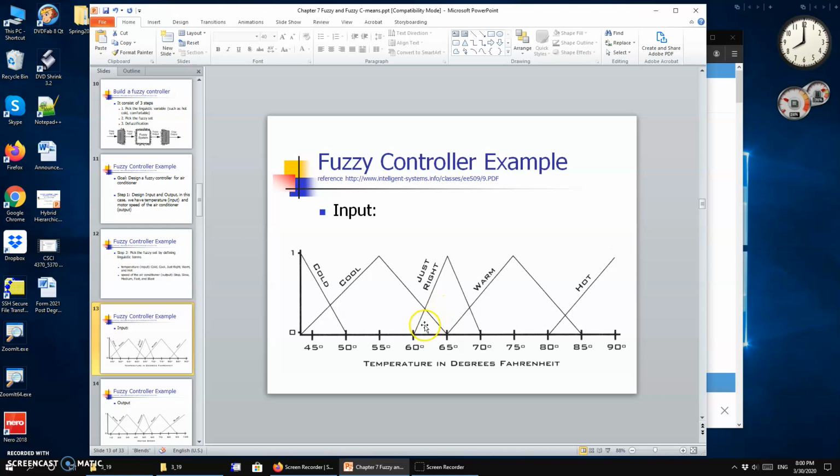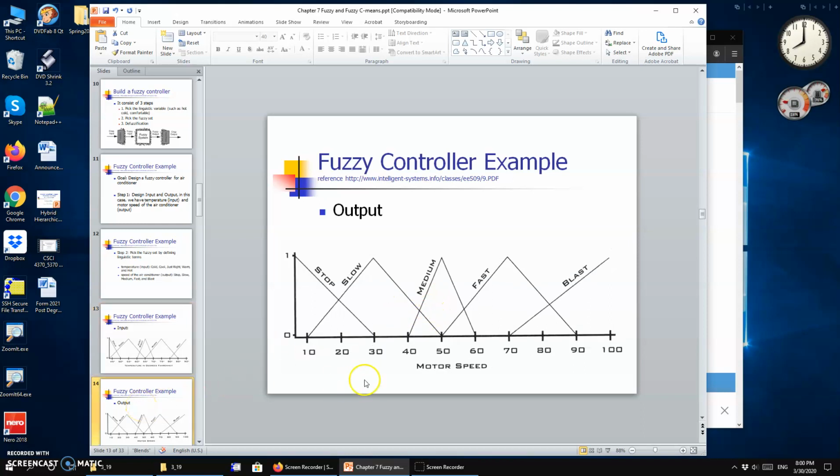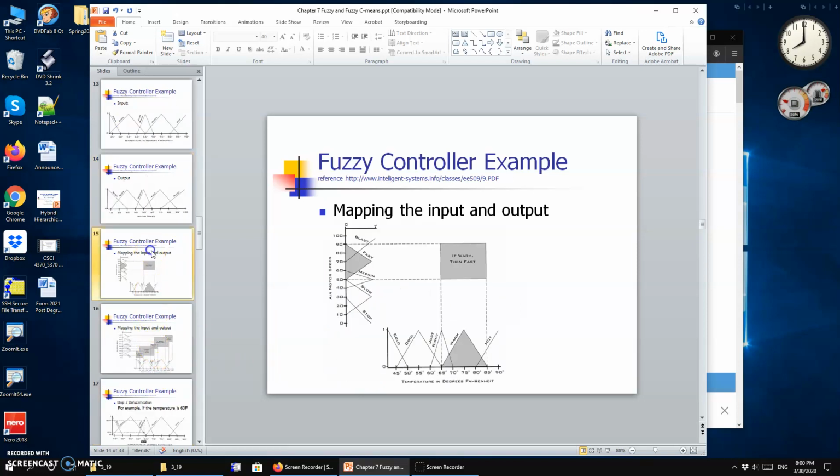We need to summarize, analyze all the results, and then create a picture that looks like this. And while we do so, we also generate the motor speed according to those 5 different stages. And then we try to map. If it is warm, then we want to use this speed, the fast speed of the fan.